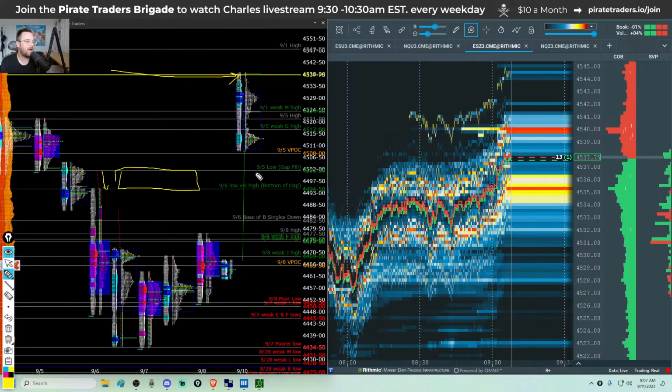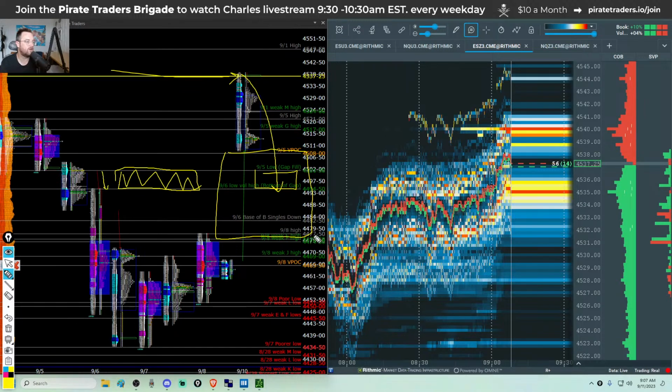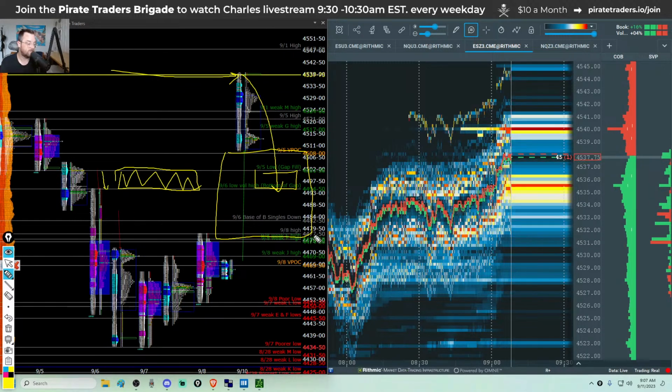So we have a gap inside of another gap. And that too increases the odds in my mind that we need to, at the very least, try to come back down and do some business inside this area just below 4,500 at some point. Doesn't mean it has to happen this morning, but at some point we will need to come back in and backfill this area.